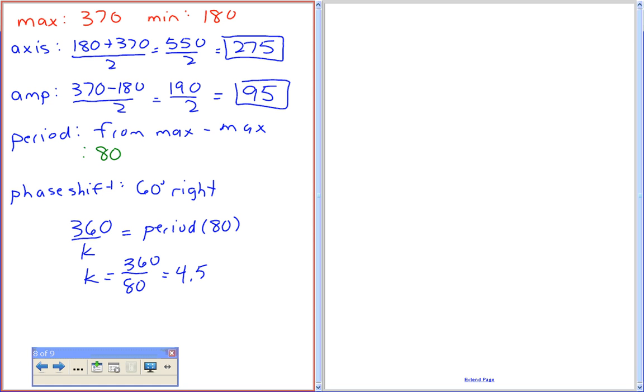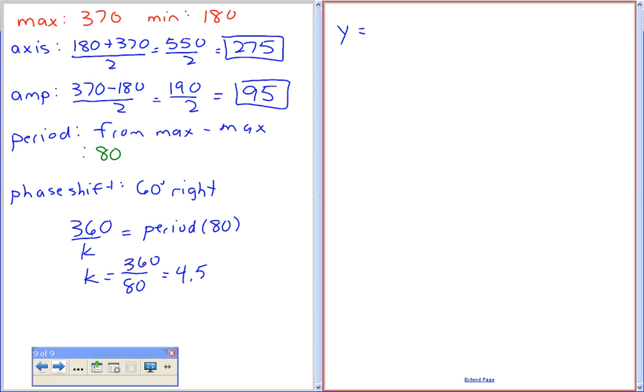So K is 4.5. Okay, Shelby, I need you to be brave again and try to give me an equation. Y equals 95 cos 4.5 theta minus 60. Very good.